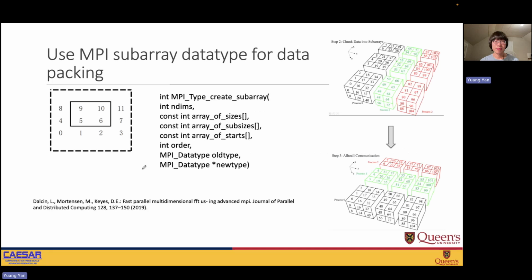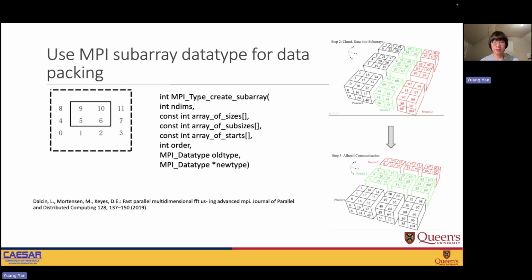Now we are going to introduce the exact data type construction function of MPI datatype. The conventional MPI subarray function is used to extract a subarray from a given array.